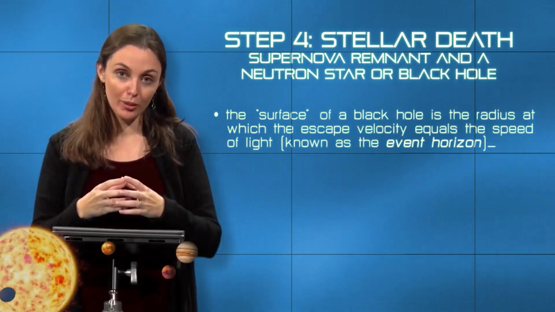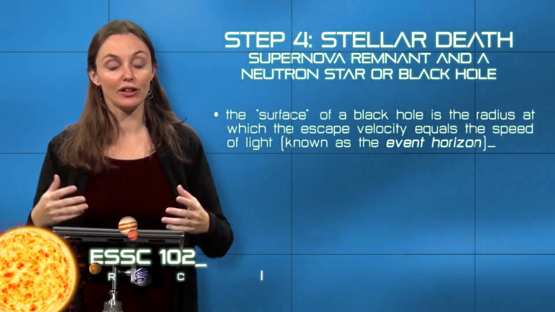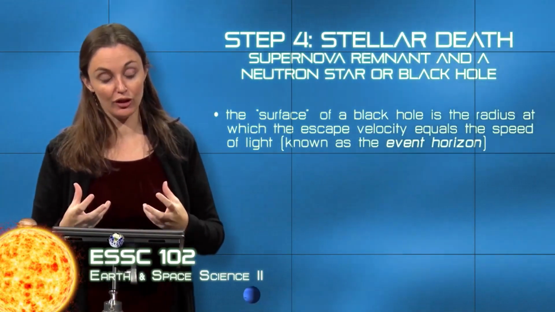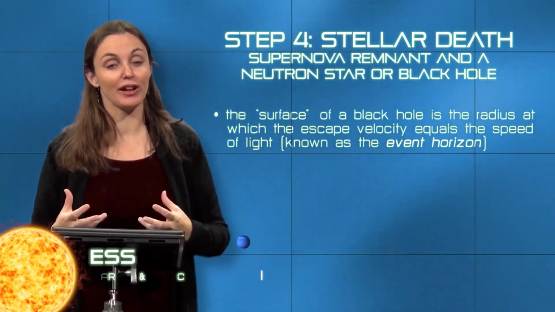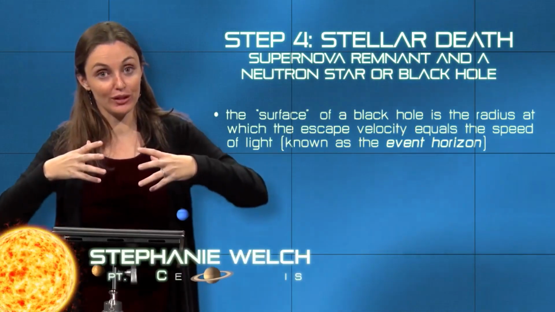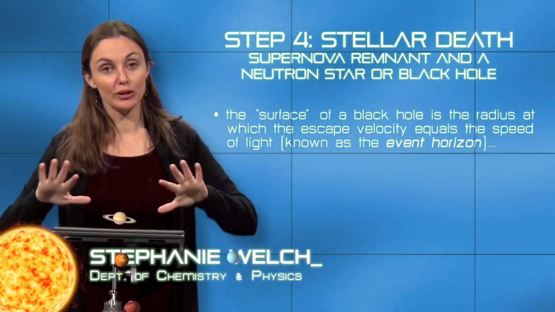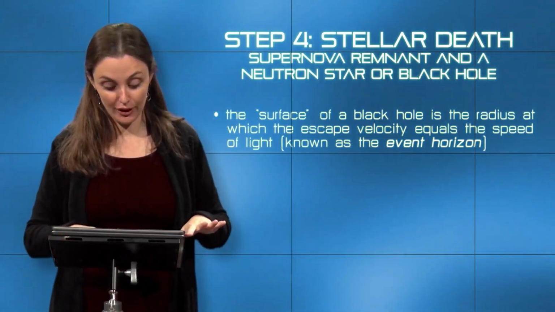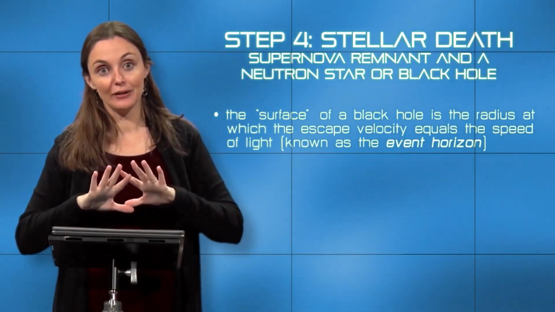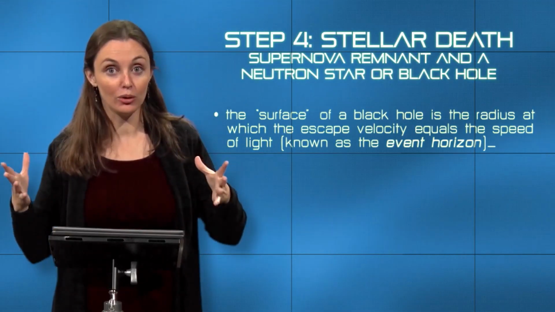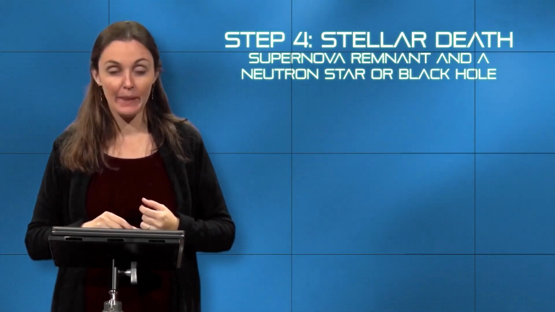The smaller the object is and the more massive it is, the higher the escape velocity, which is why these things have such an incredibly high escape velocity, even higher at a certain point than the speed of light. So light can't travel away from it, so that's the point of no return. That's the point when the object is a black hole, essentially.